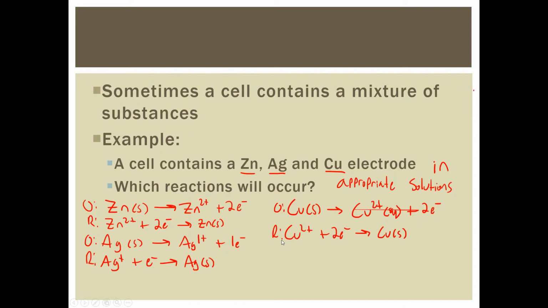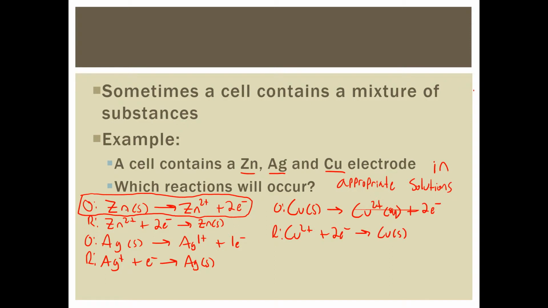Of these oxidation reactions, the one with the strongest reducing agent, I believe, is this one. This will be the predominant oxidation reaction because the zinc happens to be the strongest reducing agent.